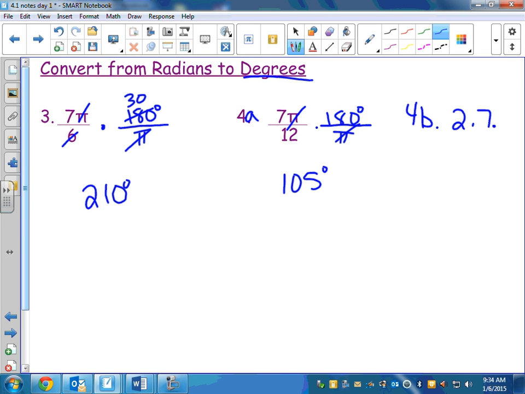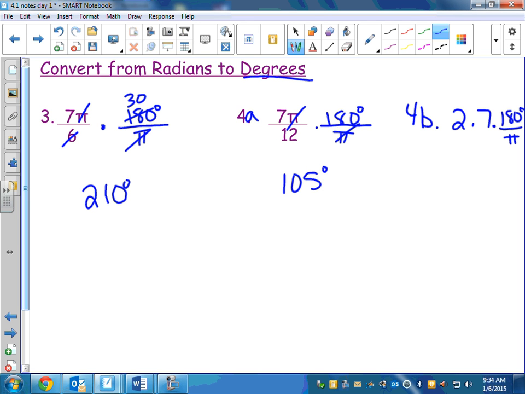I'm still going to multiply by 180 degrees over pi. But this would be an example that I would say don't leave pi in your answer. It's already a decimal. Divide the pi out and just round to whatever 2 or 3 decimals, or if it was a test, whatever the directions say. But that would be an example of something that I would say don't leave it in terms of pi.